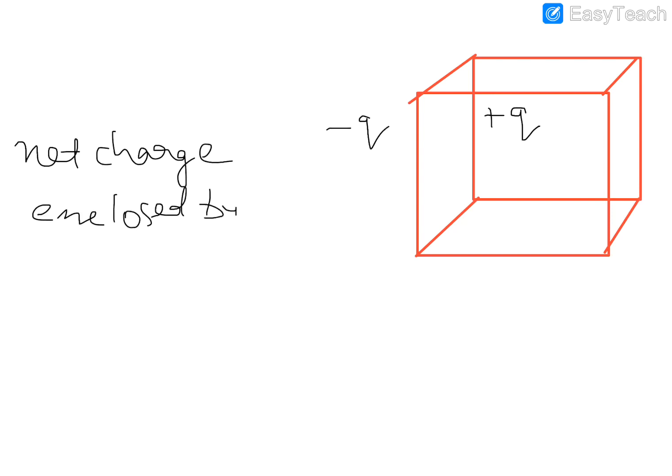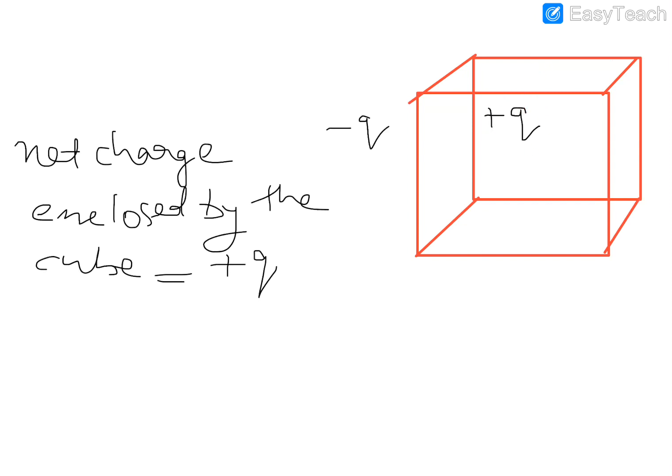Enclosed means included in the cube. Enclosed by the cube, that is only plus q. Why is it only plus q? Because minus q is not inside the cube. So the net charge enclosed by the cube is only plus q.